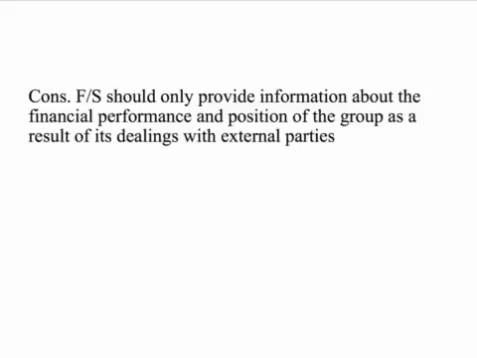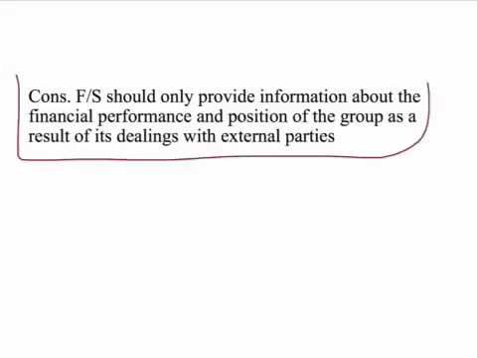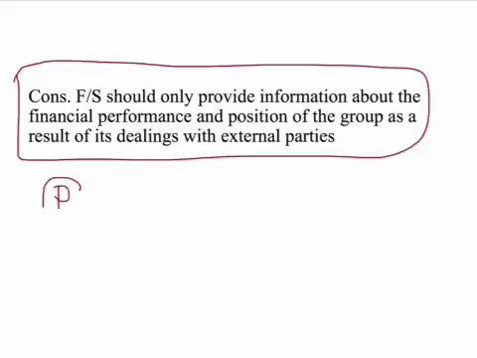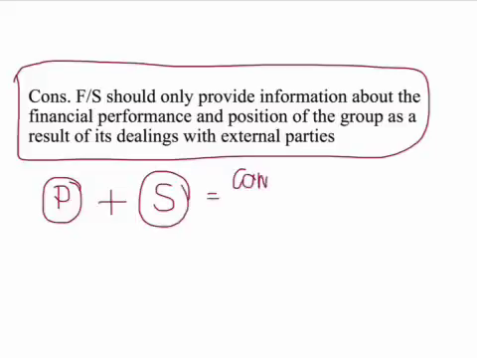So when we look at the adjusting entries, always keep this in mind, because the adjusting entries have to move us from the combined results. So we have the parent company's set of accounting records. We add to that the full set of accounting records of the subsidiary. That gives us combined results, which are not reflecting only our dealings with external parties. It will also include intergroup transactions.